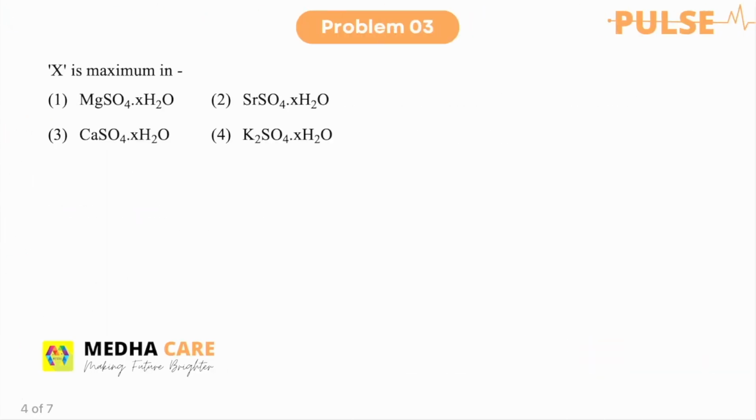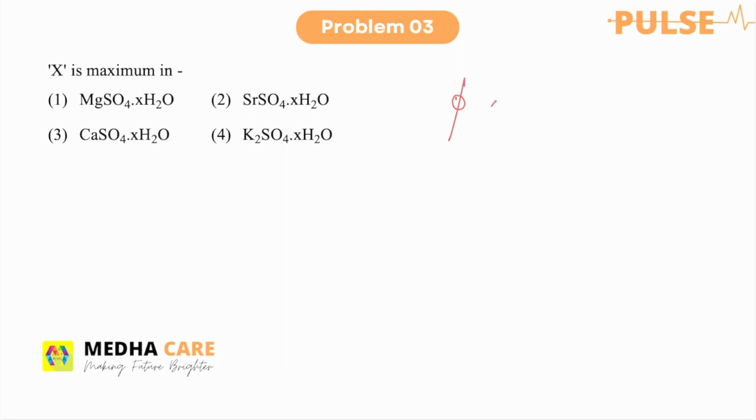Next, see question number 3. In this case, we have to find the value of x. To solve this question, you have to know that if a metal ion, cation, has more ionic potential, there will be more crystalline water. So you have to consider the ionic potential of the metals.